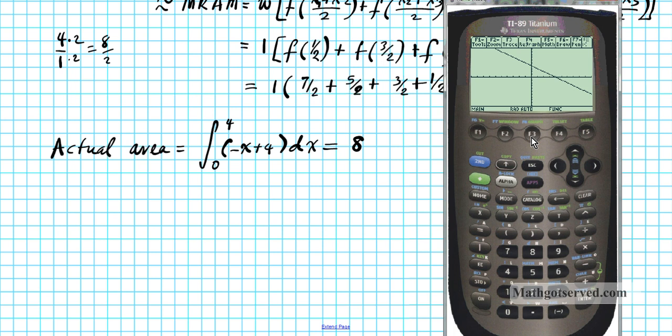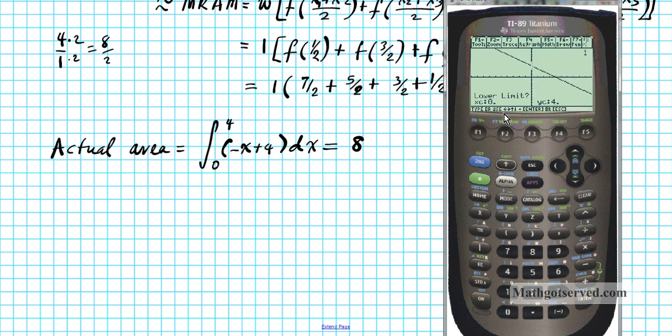So there goes your graph. Now we're going to calculate the exact area from 0 to 4. We're going to use the F5 menu, which is for math, and then go to option 7. You can see there the integral of f of x dx, which represents the area for the specified x interval. Scroll down to 7, or just press 7, and press enter.